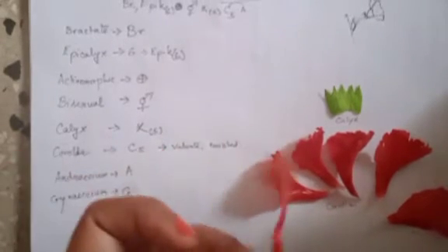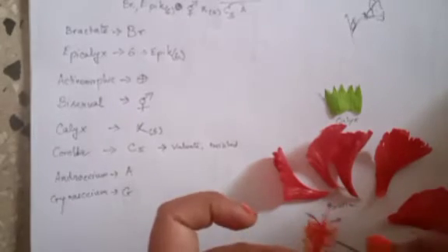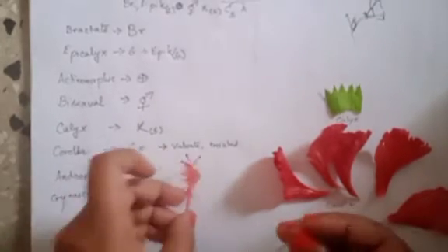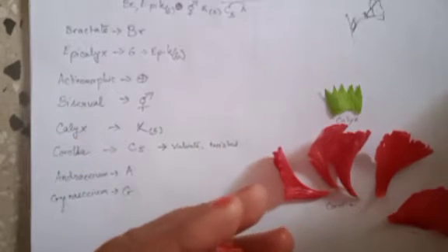Now I have got the androecium. This is the stamen. So if I have to remove the stamen out, hold this part of the stigma and then make a small incision without harming the stigma.